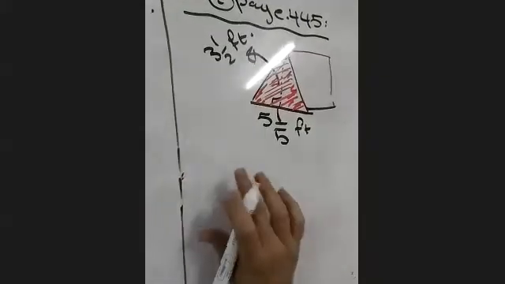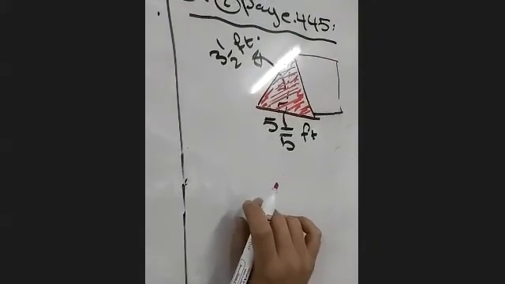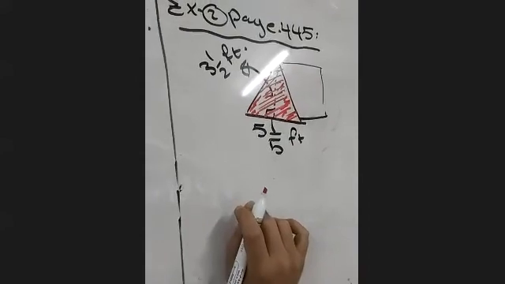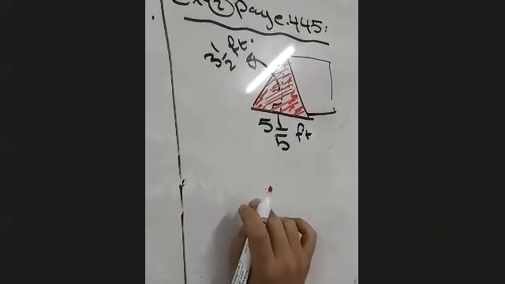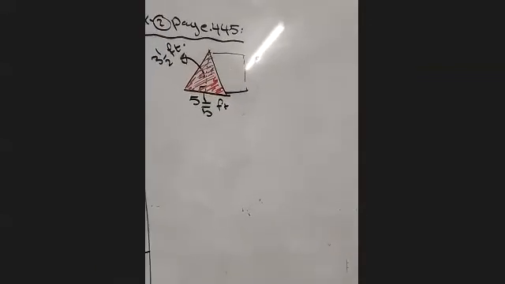3 and 1 over 3 and a half. What is the first step? We will divide, multiply. We'll change it to fractions.